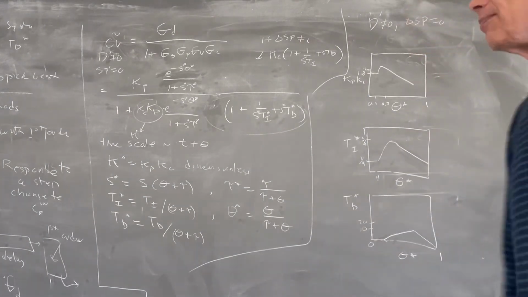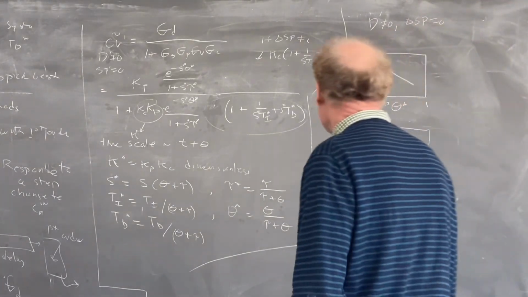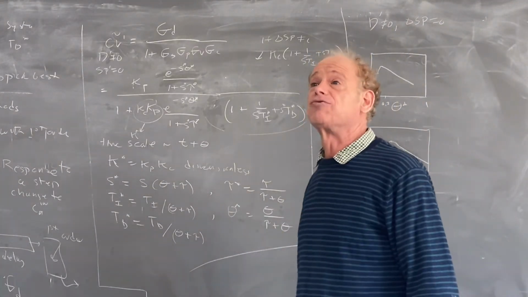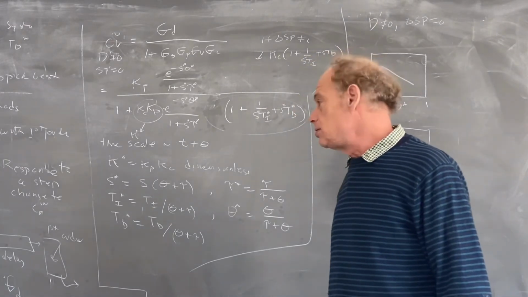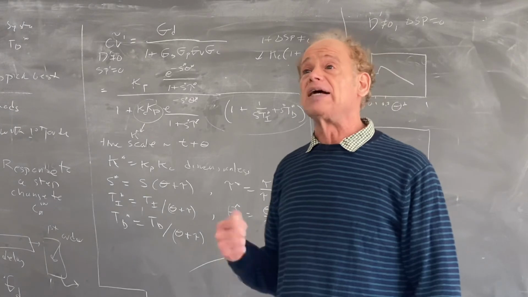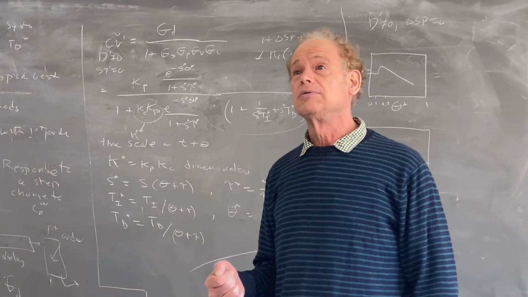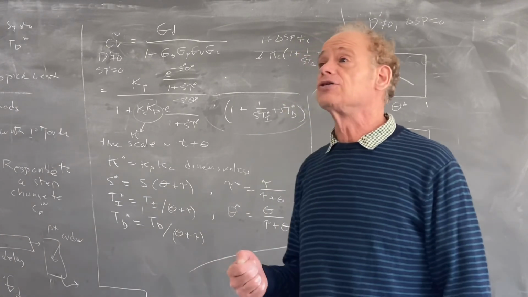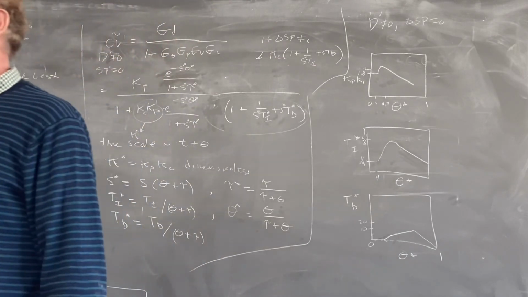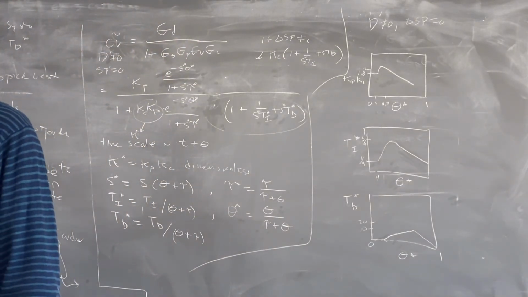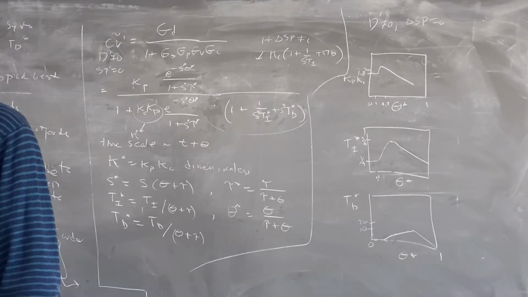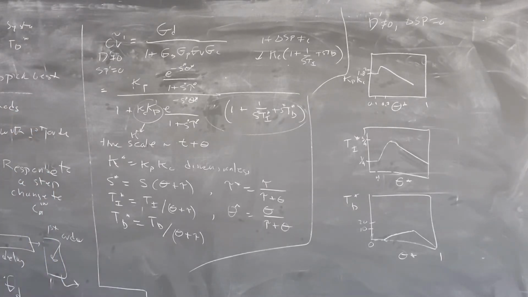What happens later? Once I believe there's a delay, but it's really small, then I can start getting aggressive with my controller. That is, I can make my KC, my proportional control, work. I want it to go up quickly. I want to have a high value, an aggressive controller, if I don't have a big delay, because I'll see the results right away.